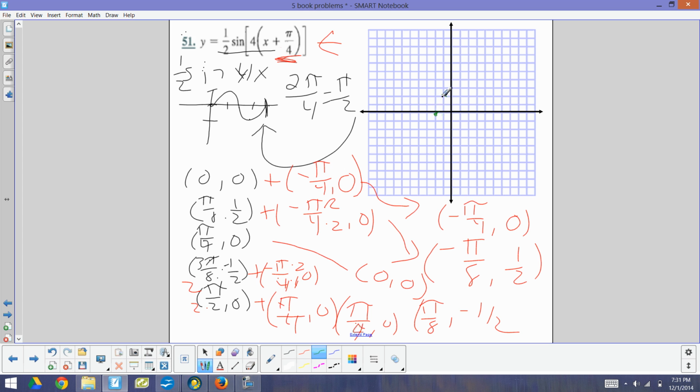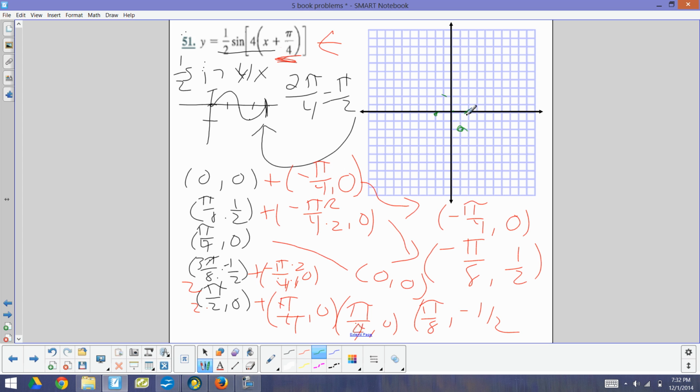Would be about right there. 0, 0. Be right in the center. Pi over 8, negative 1/2. Be right about there. And pi over 4, 0 gets me right there.